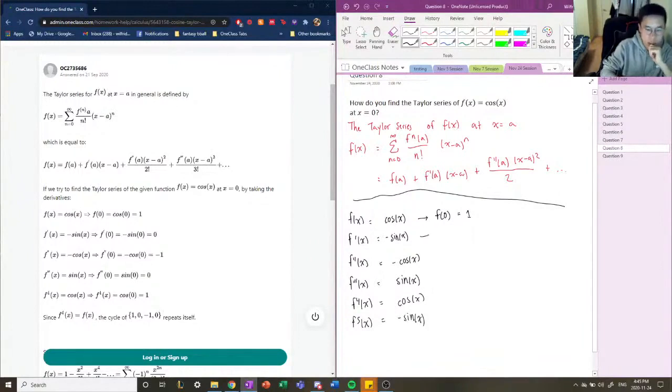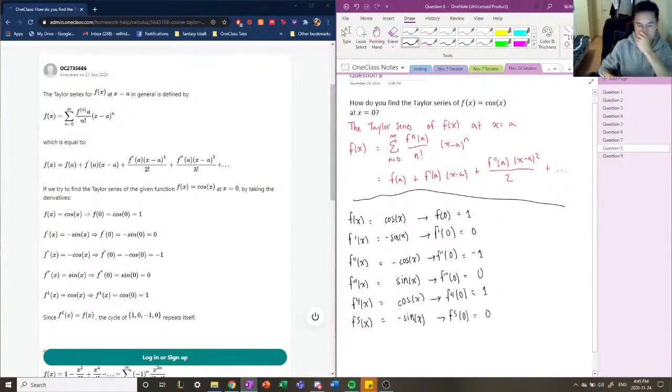All right. So what are the values of these? f prime of 0 is 0. f double prime of 0 is negative 1. f triple prime of 0 is equal to 0. The fourth derivative of f at 0 is 1. And the fifth derivative of f at 0 is equal to 0.